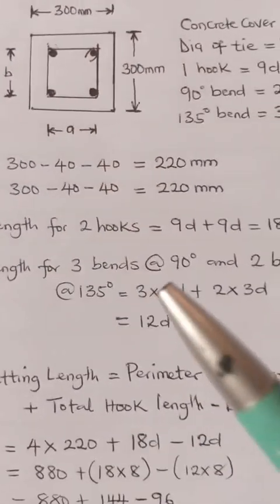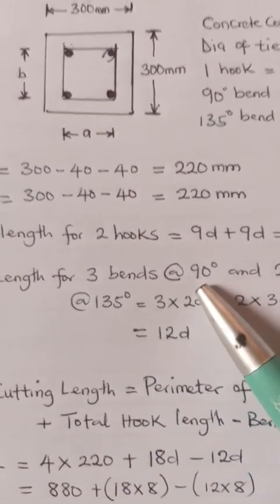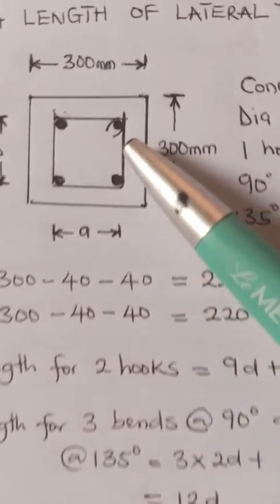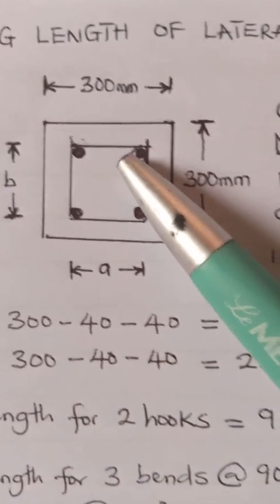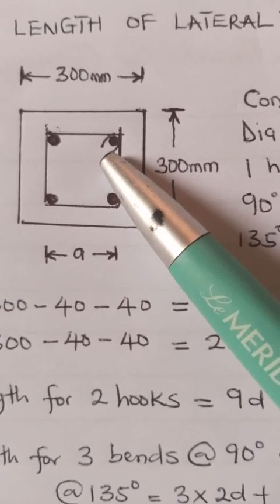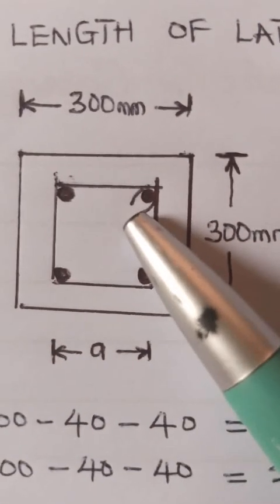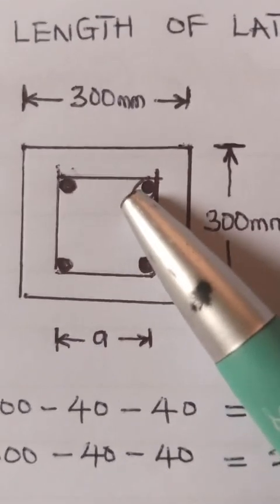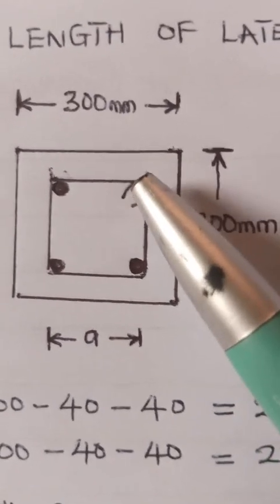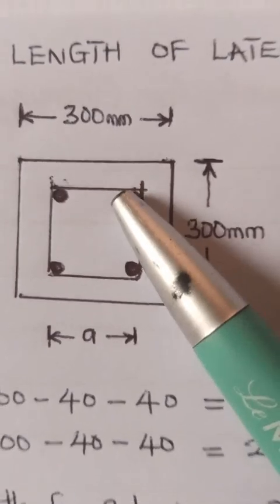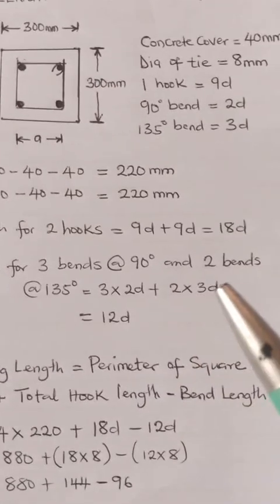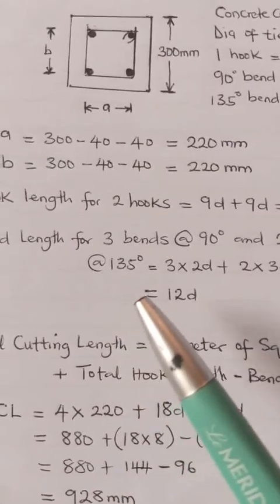So that is how we have 3 bends at 90 degrees. Then if you look at this one here, the bend here is 135 degrees. So we have two 135 degrees for the hooks. The two sides make 135 degrees, so we have 1 and 2. So that is how we have two bends at 135 degrees.